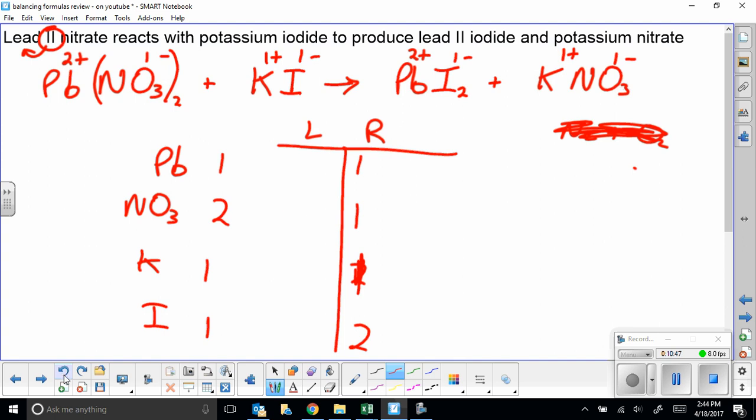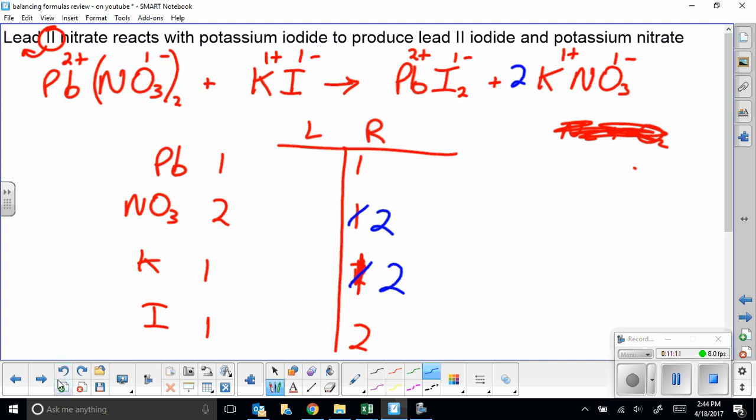I'm just going to start with my nitrate. I need to get 2 of them over here, so I'm going to change colors. I'm going to make a 2 there, which makes that a 2, but this 2 also affects my potassium. I had 1 on the right side, and now I've got 2. So again, when I put this coefficient here, it affects this, and it affects that.